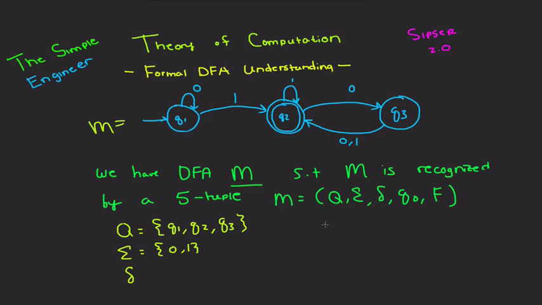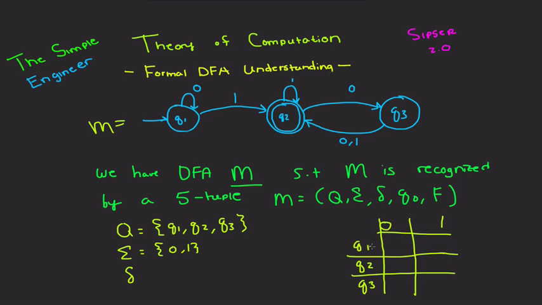And typically when we generate the delta transition function, we build a table. A way that we can build a table is we have input 0 and 1, and we have our states Q1, Q2, Q3. I can just build this grid layout and say, okay, on Q1, if I put in a 0, what do I get to? I get to Q1. If I'm in Q1 and I put a 1, where do I go? I go to Q2.